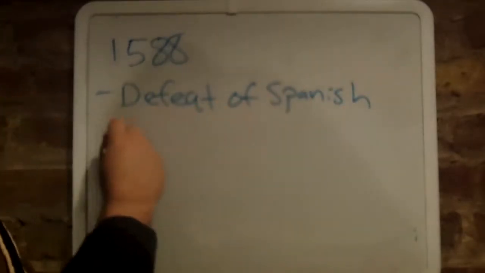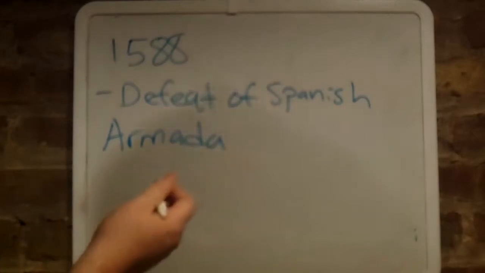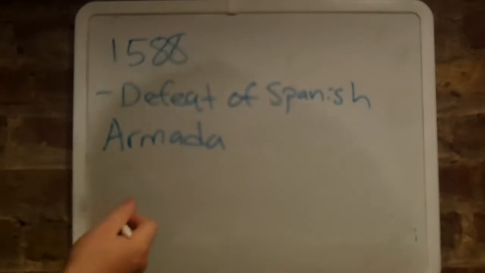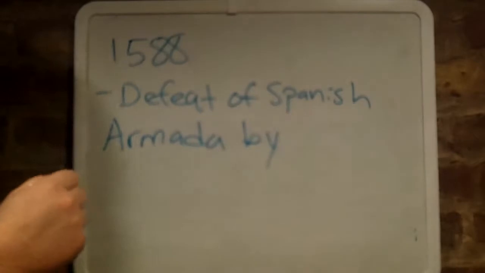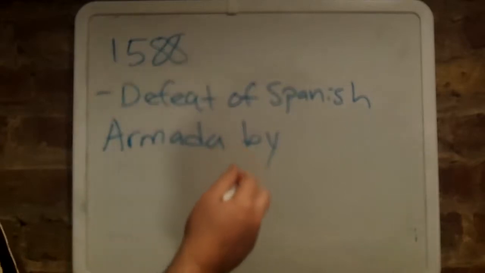The Spanish sent a fleet, an armada, to Britain with the intent of invading and installing a king who would be friendly to Spain's interests. And the fleet was destroyed by the English Navy, and this was the beginning of the rise of England as a naval power.